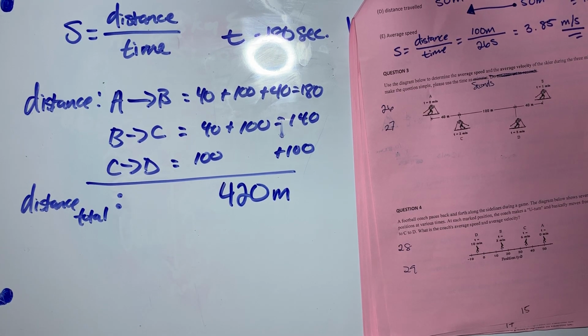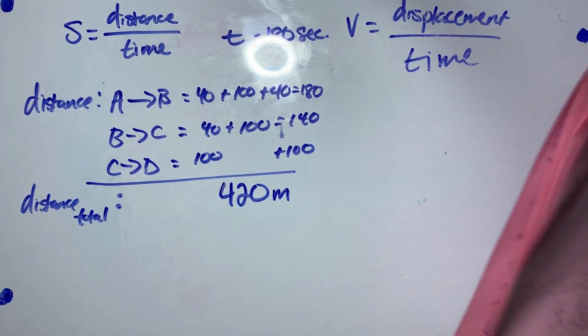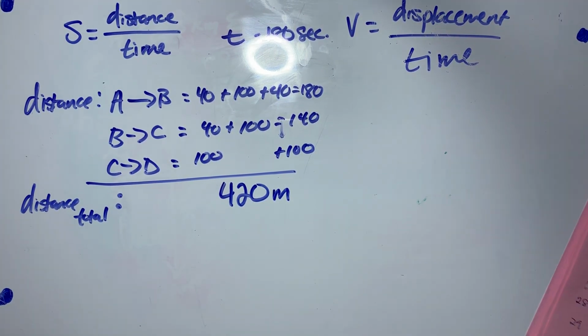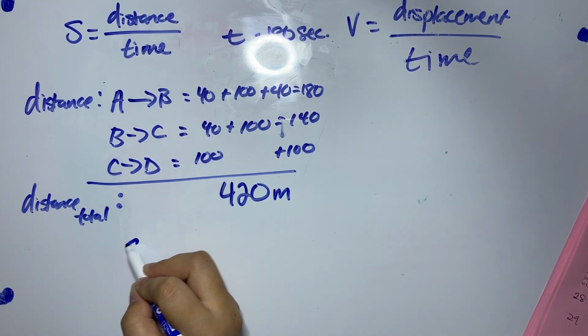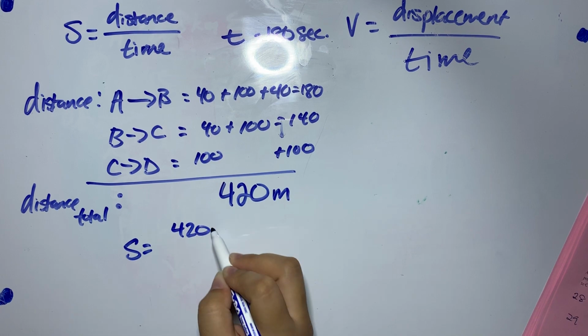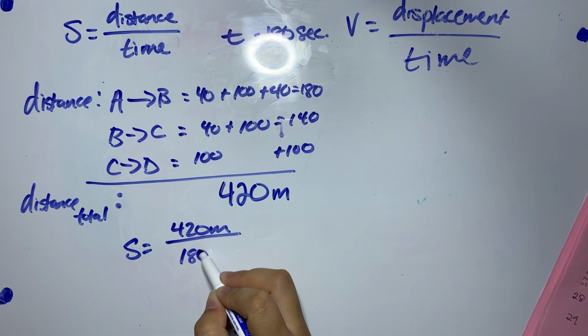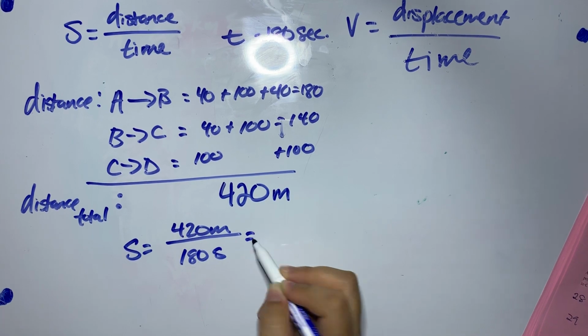Alright, now, since I have that, for my average speed, speed is equal to my distance, which is 420 meters, divided by my time, which is 180 seconds.